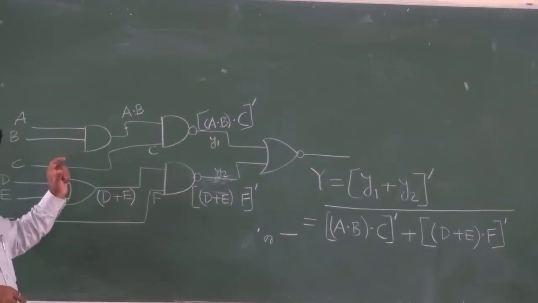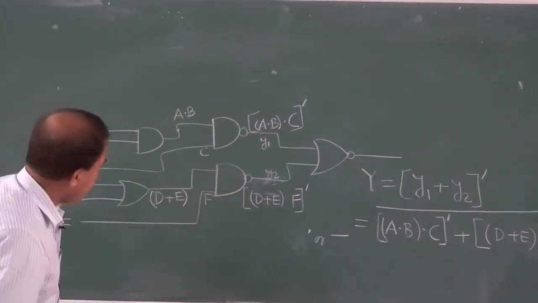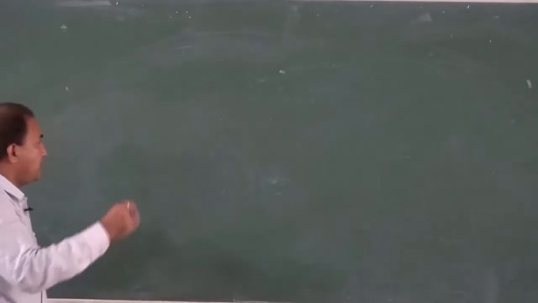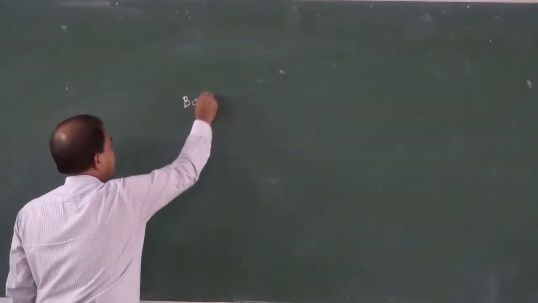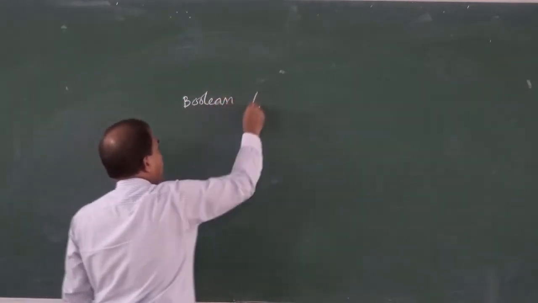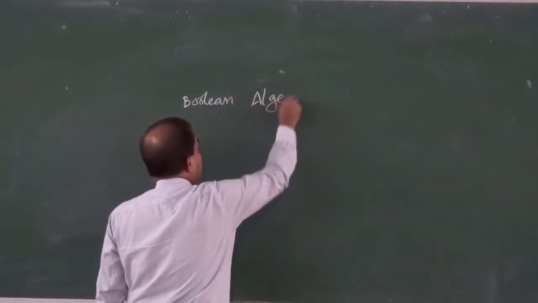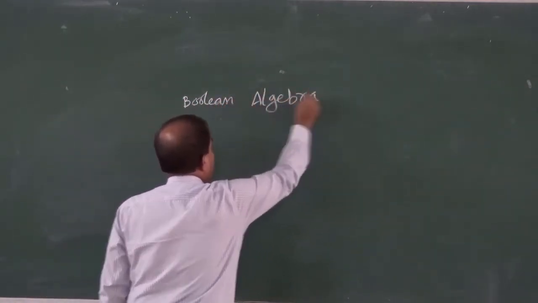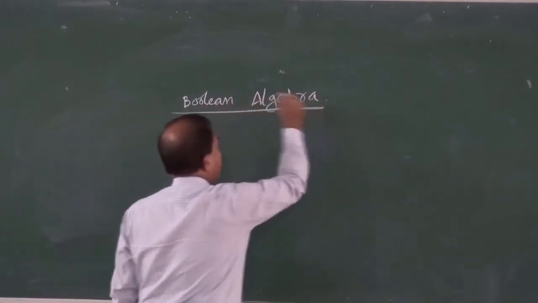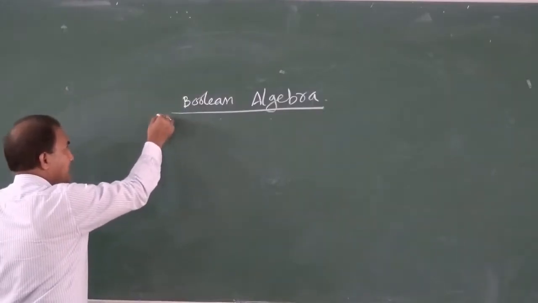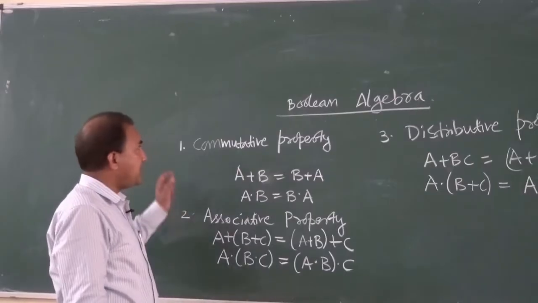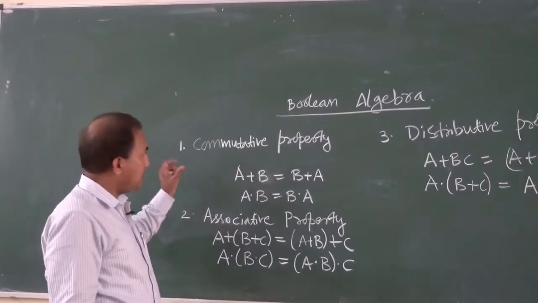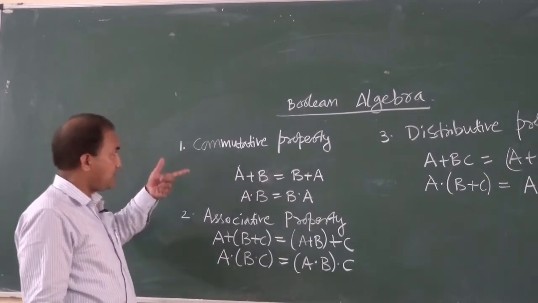So is it clear to all of you? Okay. Now you have to see about Boolean algebra. Using Boolean algebra, you can reduce any given function. Boolean algebra has three properties that you have to study.